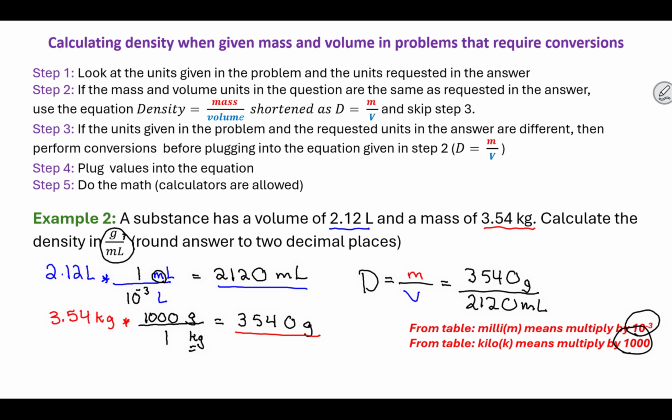And then we're going to punch that in our calculators and round to 2 decimal places. And that equals 1.67, and the units are grams divided by milliliters.